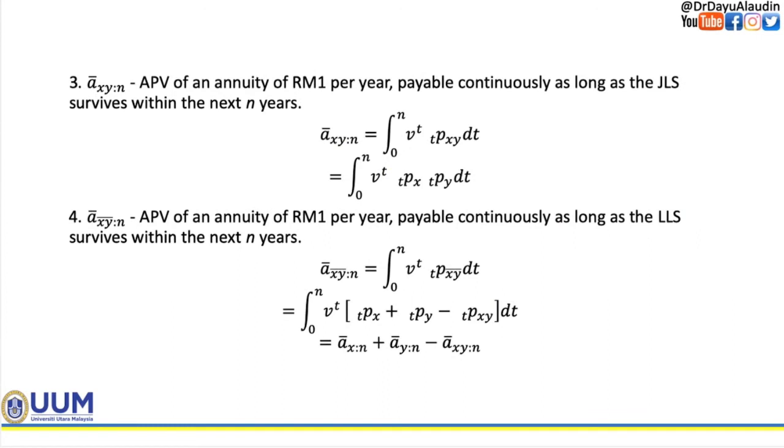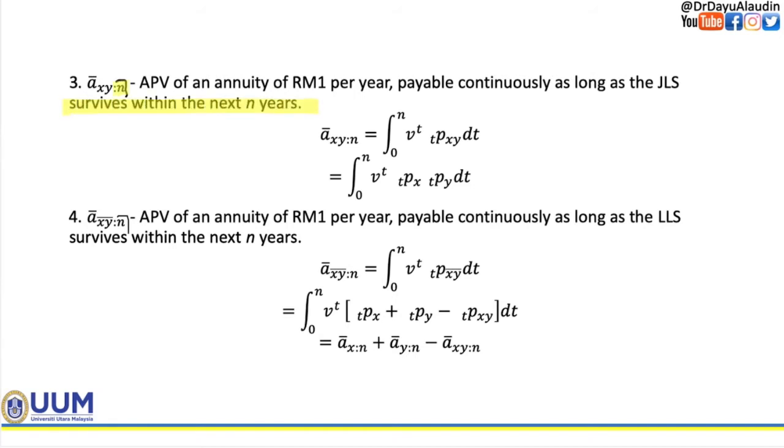Number 3, we have term annuity, or temporary annuity. So the APV of an annuity of RM1 per year, payable continuously as long as the JLS survive within the next N years.